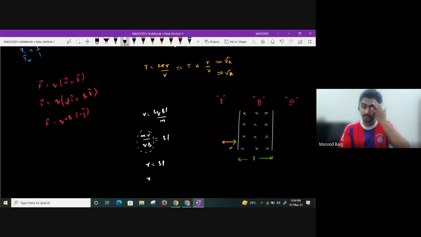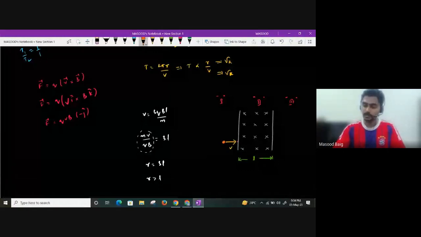So will it complete a semicircle? No, guys. What is going to happen as it enters? It is going to follow part of a circle, and it is going to come out. It is going to enter into region 3 also. So the statement that the particle will not enter region 3 is wrong. Will it enter region 3?